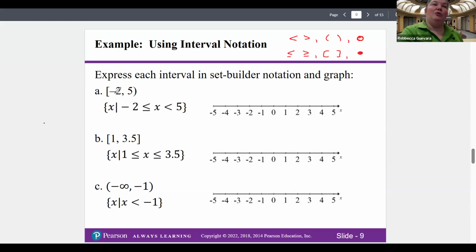So if I want to graph -2 to 5, then I have a closed circle at -2 because of that bracket, or that less than or equal to sign. And then 5 is going to be an open circle because of that parenthesis, or that less than sign. So this represents everything from -2 up to but not including 5.